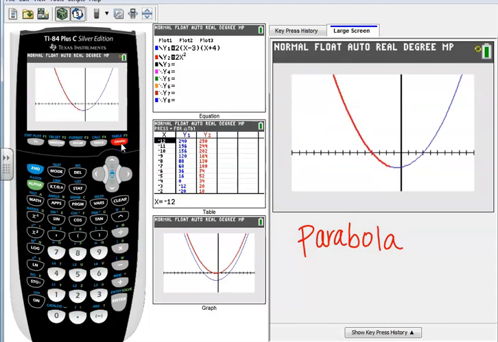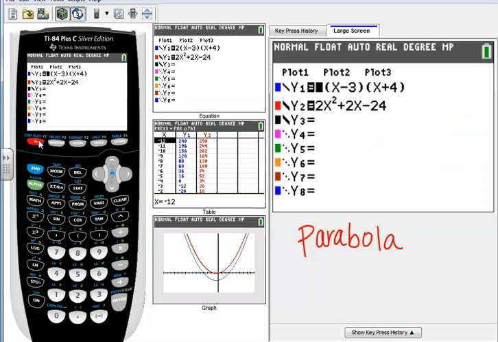If you notice, that red parabola is graphed right on top of the blue, which means that these two are equivalent equations. 2 linear factors being multiplied together will be equivalent to a quadratic function, and the shape of that quadratic function will always be a parabola.